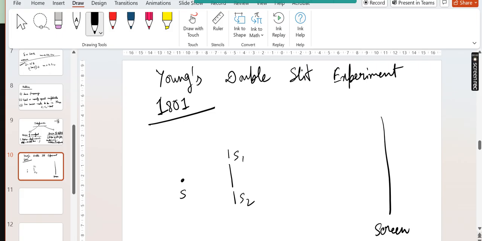When we use white light for the Young double slit experiment, the center fringe is always white because all the wavelengths fall at the same point, but the farther we go from the central fringe, we get different maxima for different light.